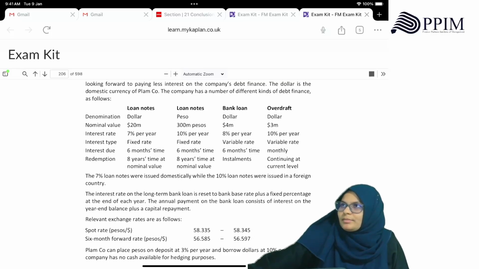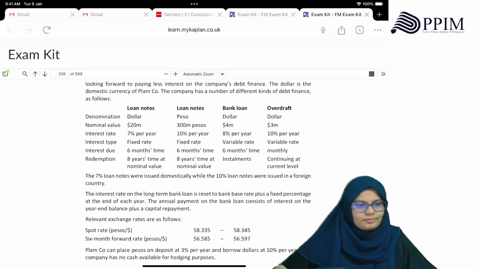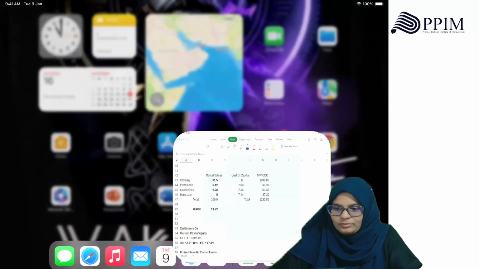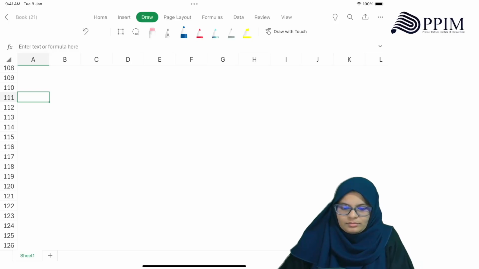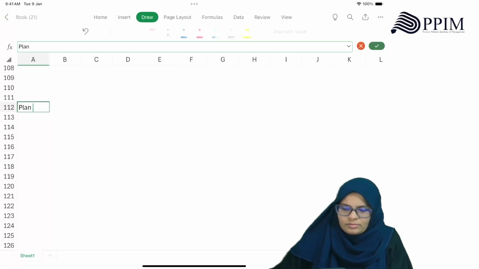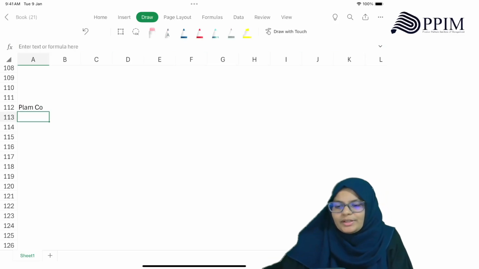Let me mention the issue first. Okay, so the peso denominated loan, right?